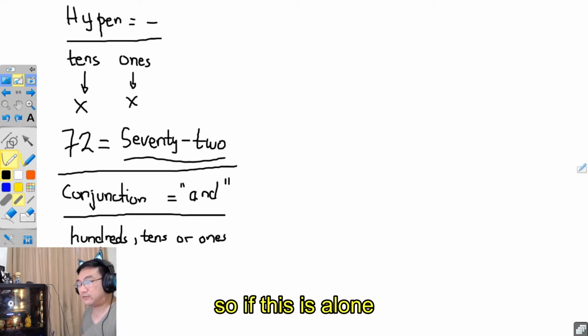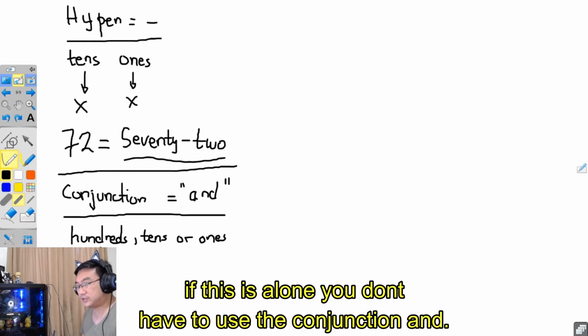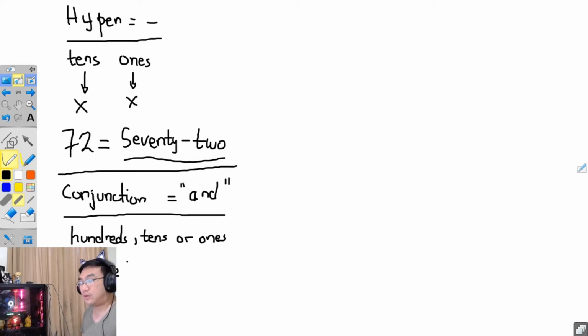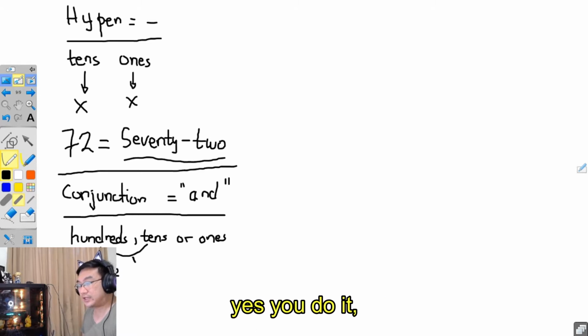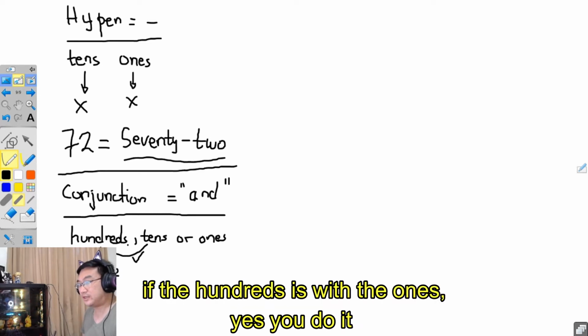So if the hundreds is alone, you don't have to use the conjunction "and". If the 100 is with the tens, yes, you do it. If the 100 is with the ones, yes, you do it.